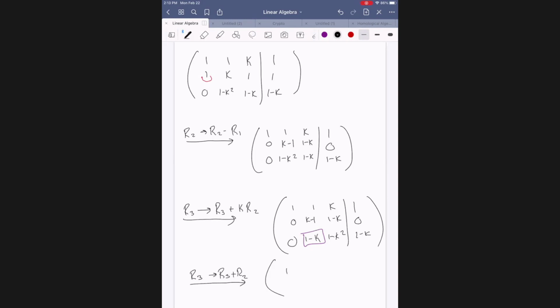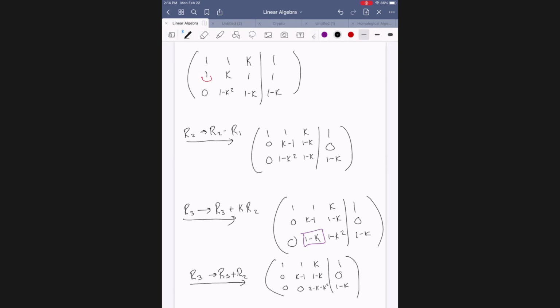And this should just give me 1, 1, k, 1, 0, k minus 1, 1 minus k, 0, 0, 0, and then I think this should be maybe 2 minus k squared, and then 1 minus k. Perfect, right? All right, so now it's in REF form, and now we can start analyzing this, okay?